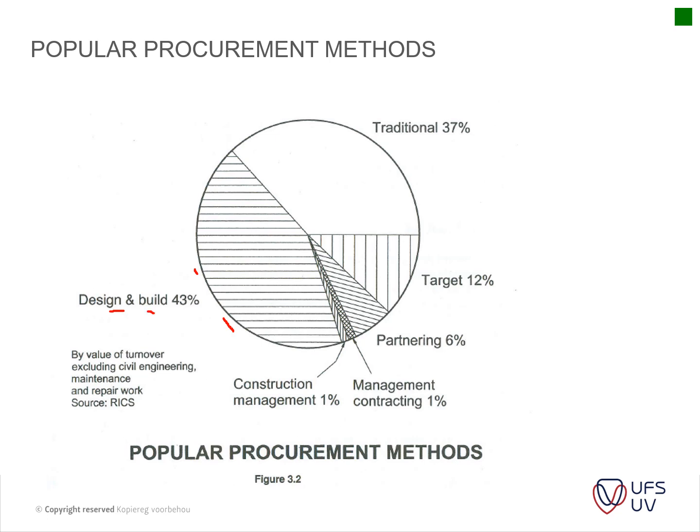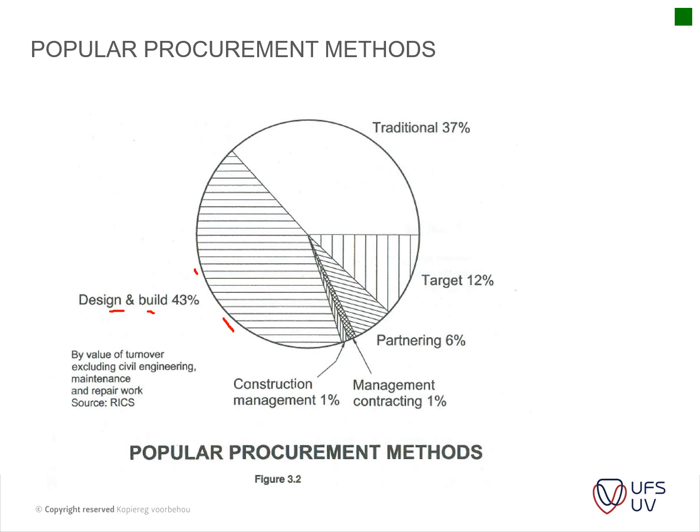If you think about Kusile and the Eskom projects, they're also a design and build type of projects where the design and construction team actually does the whole design, and that's usually done where it's a specialist type of installation that's going to be installed.